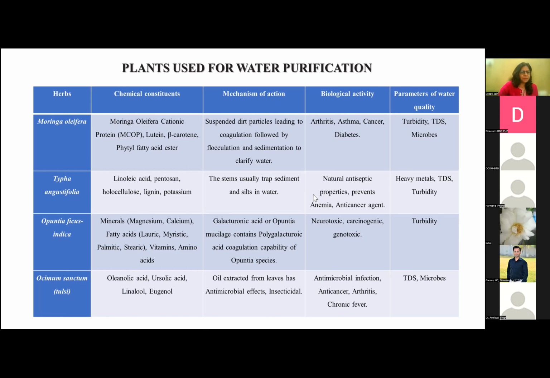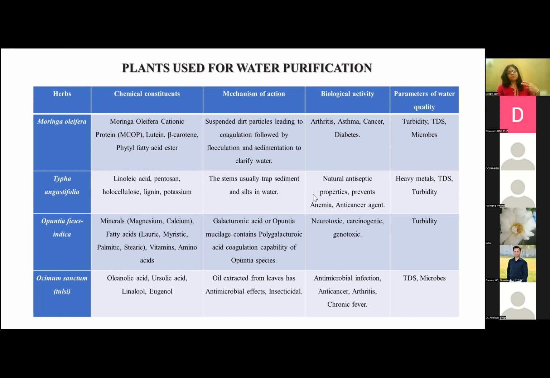The third plant is, there are so many actually, there is a long list of plants, but most of the plants are working on different mechanisms, like either they are working on the mechanism of coagulation or precipitation, or they have a bactericidal or bacteriostatic action.